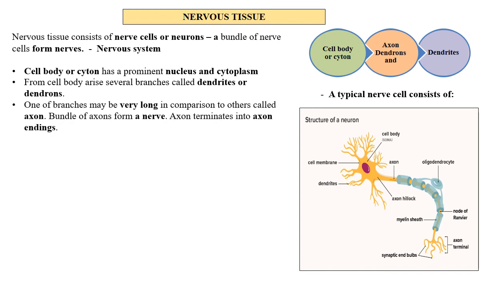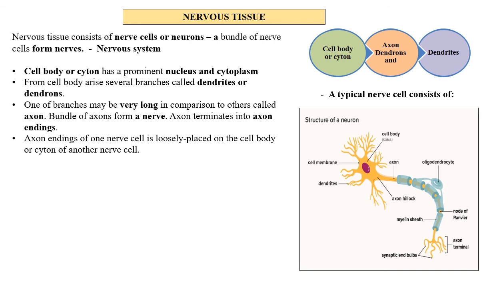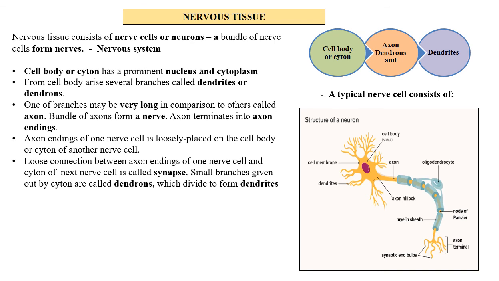This branch is called axon. The bundle of axons forms a nerve. The axon terminates into axon endings. The axon endings of one nerve cell are loosely placed on the cell body or cyton of another nerve cell. This loose connection between axon endings of one nerve cell and the cyton of the next nerve cell is called synapse.